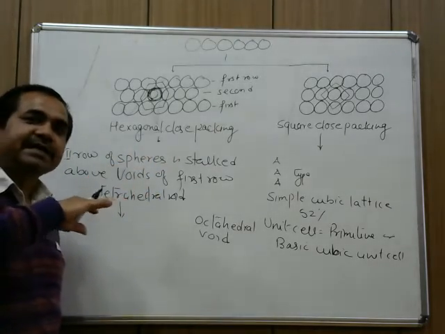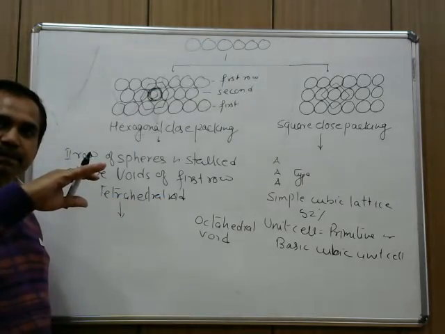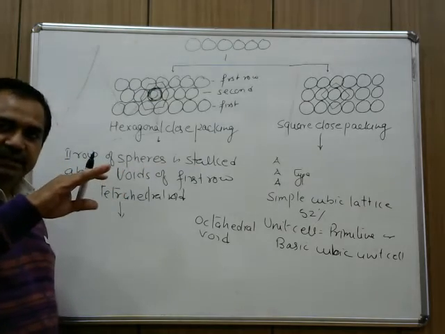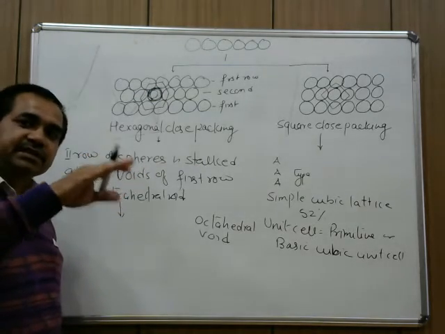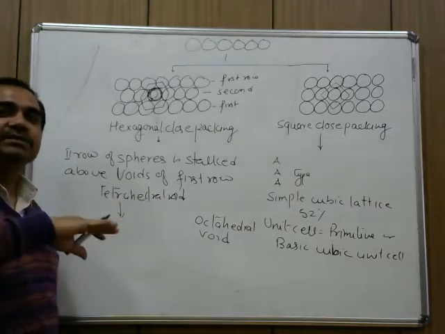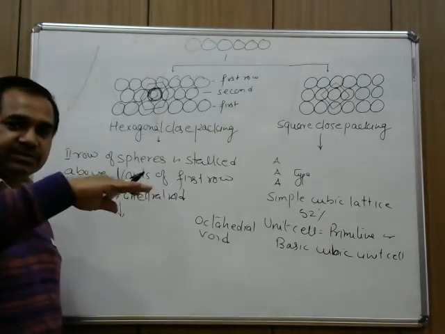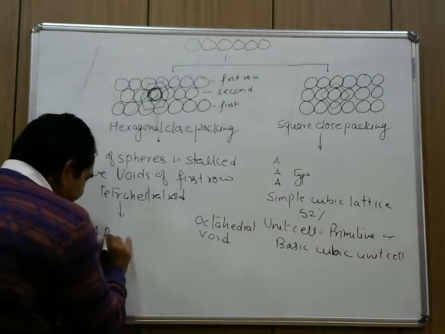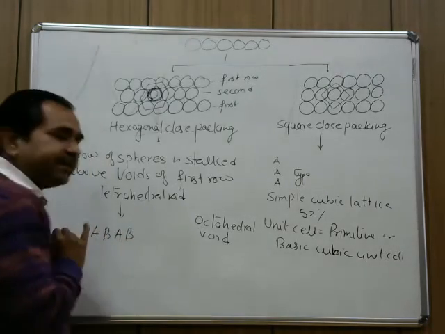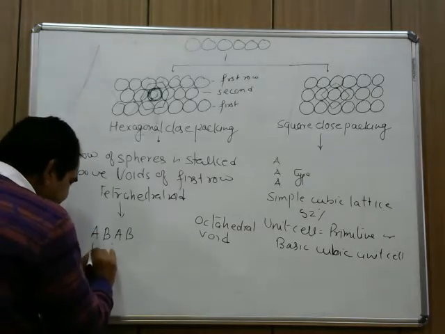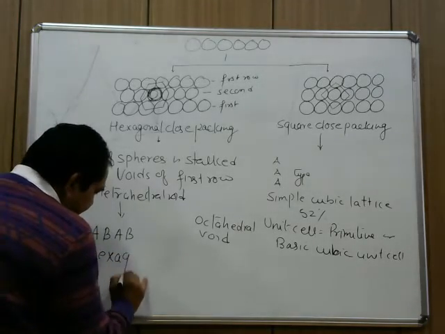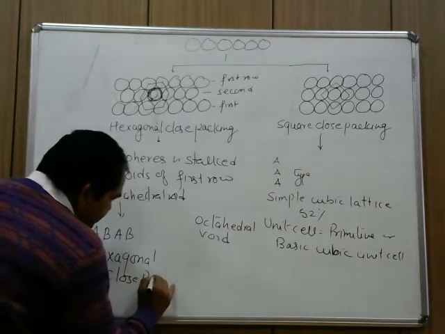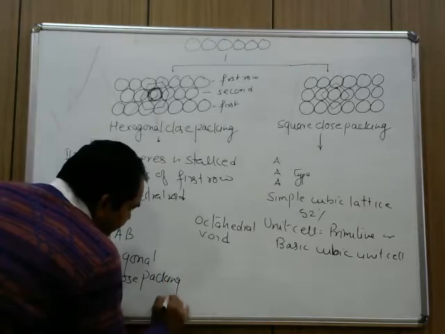If the first row is termed as A and the spheres of the second row are termed as B, then the spheres of the third row have an identical arrangement to that of the first row, that is A, and an ABAB type of arrangement is formed, and this is called hexagonal close packing.